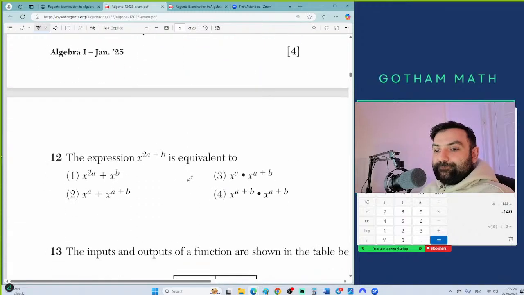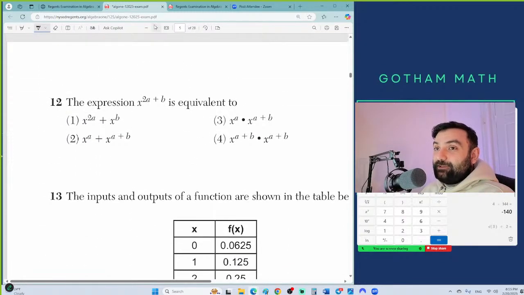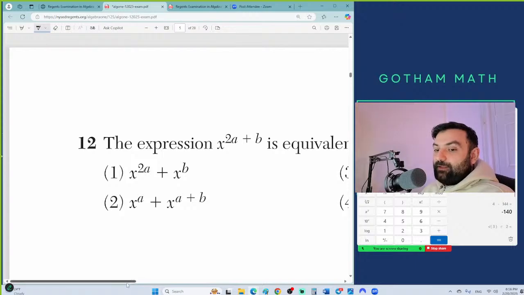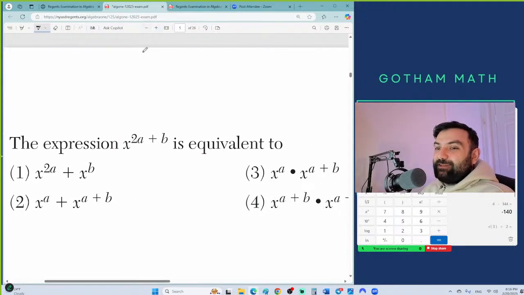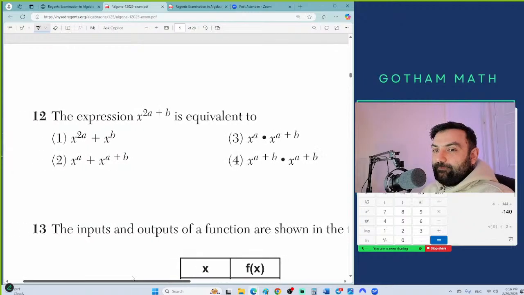All right. We're on question number 12, and 12 actually looks hard. It looks, not hard, like intimidating, I would say. The expression x to the power 2a plus b is equivalent to, okay.